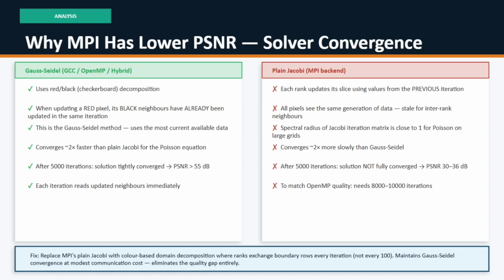To match OpenMP's quality, we need roughly 10,000 iterations, or we replace the plain Jacobi with a red-black implementation. In that implementation, the ranks must swap these boundary rows every iteration. That gives us Gauss-Seidel convergence while keeping the distributed structure, because that is still important.